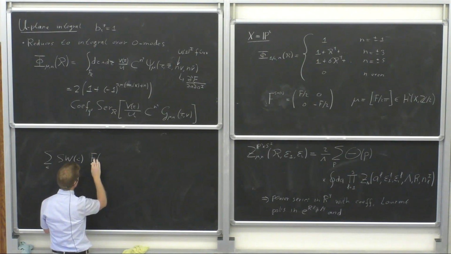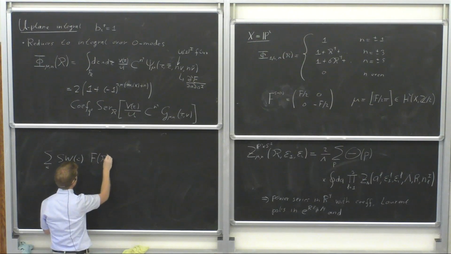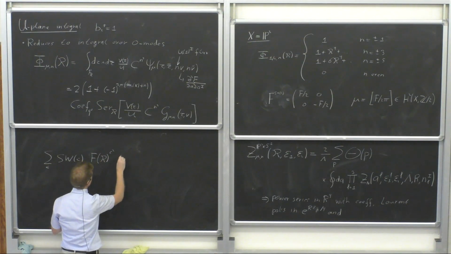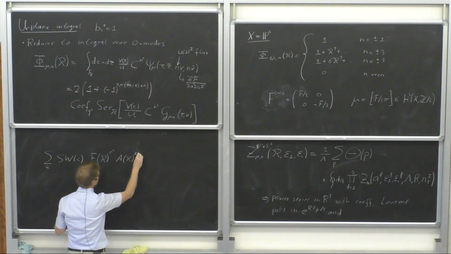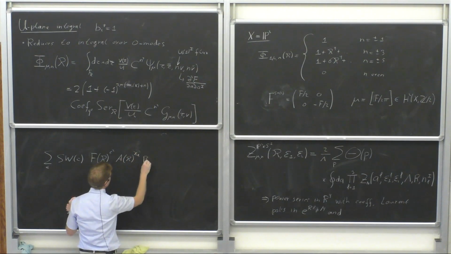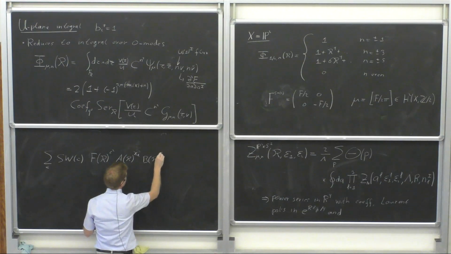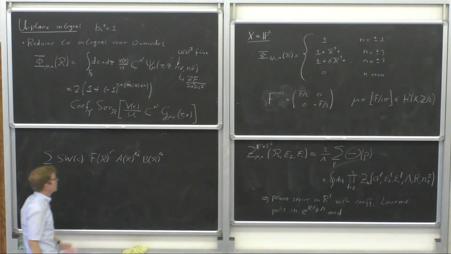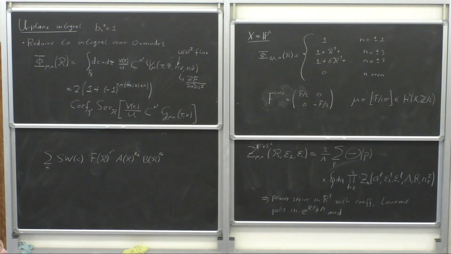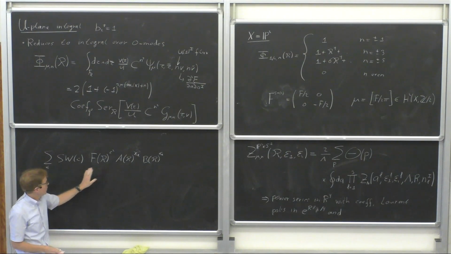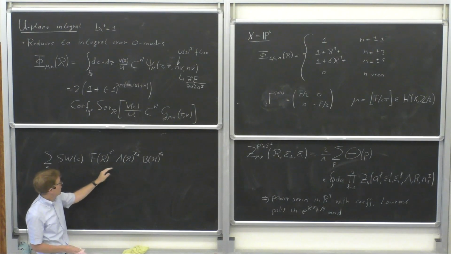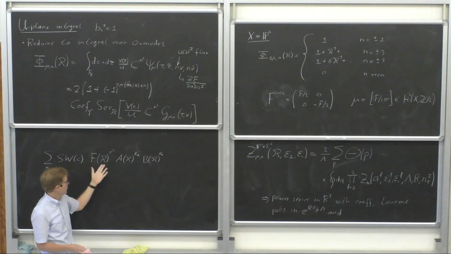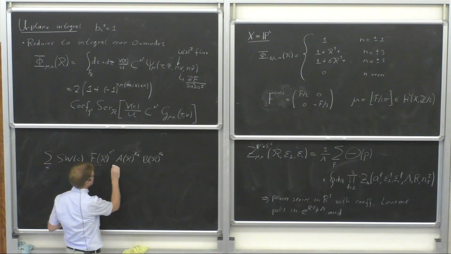So you get things of this form, say, f of r to c squared, and there might be an a of r to the chi of x, and a b of r to the sigma of x. So the data about these Dirac indices sits in these functions.